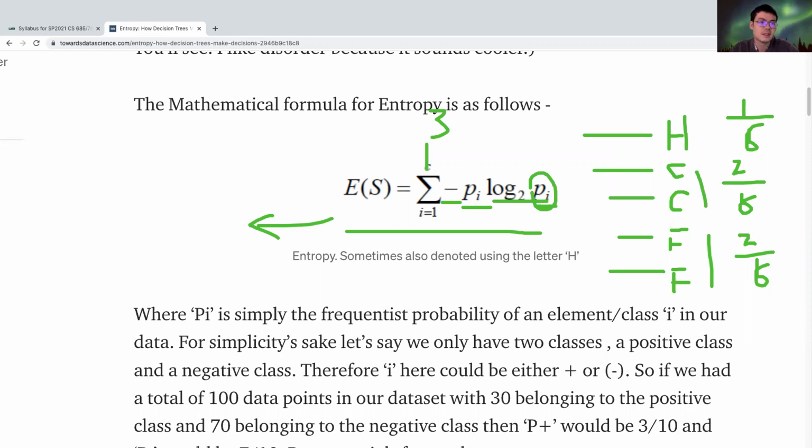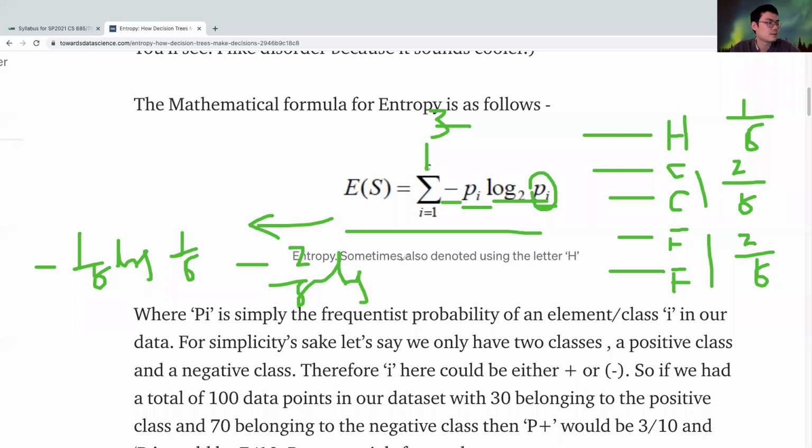If you write it out, it should be something like negative 1 by 5 log 1 by 5, minus the second term, because we have 3 terms, 2 by 5 log 2 by 5, and minus the same term again, because this is for C, this is for F. So this gives you an entropy.